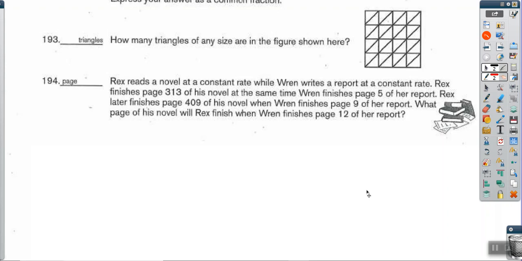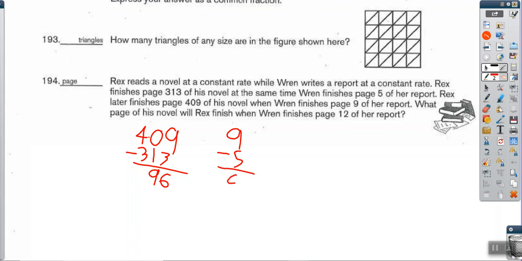So how did you go about doing this problem? So the difference between 409 and 313 is 96. And if Ren did 4 pages, 9 minus 5 is 4.